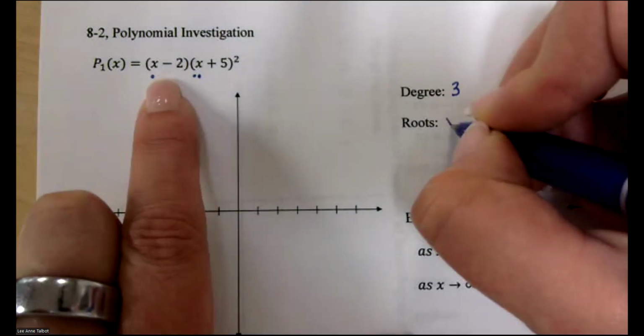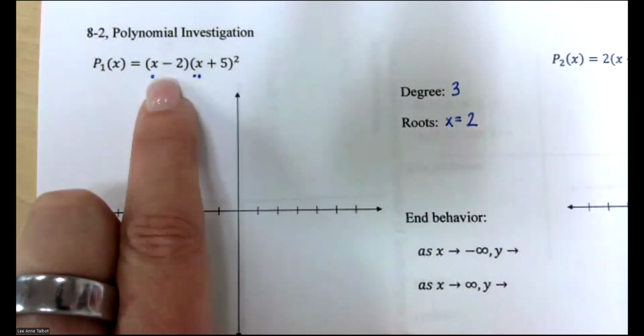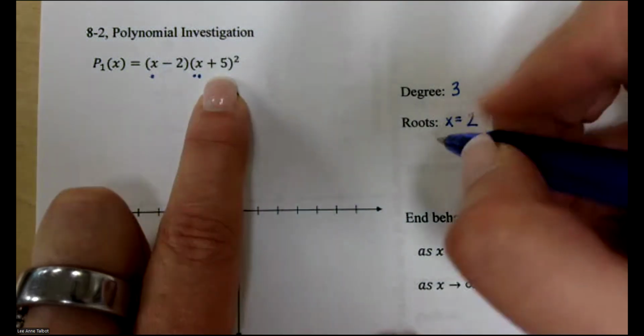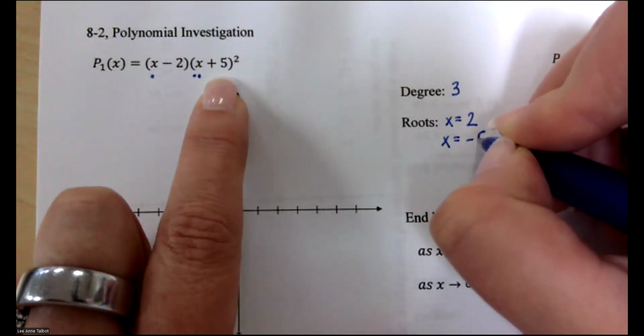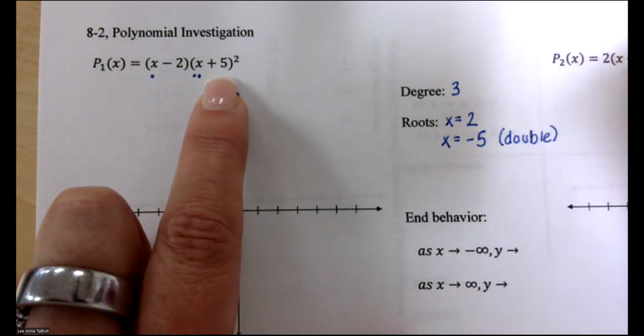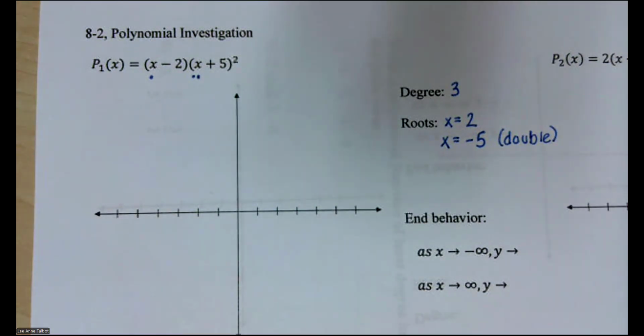For this one, it's x equals 2. And for this one, it's x equals -5, double. That's kind of what the investigation is about: what does a double root do? What does this look like? What's happening here?